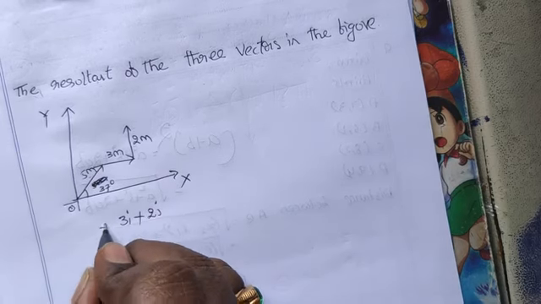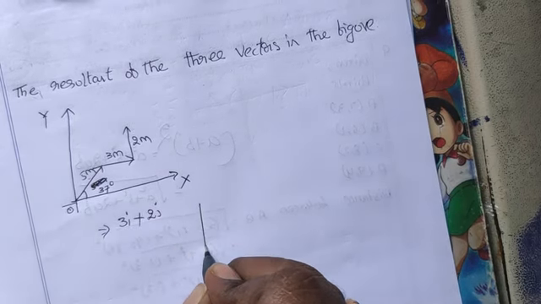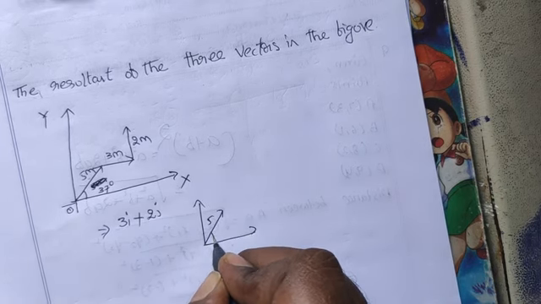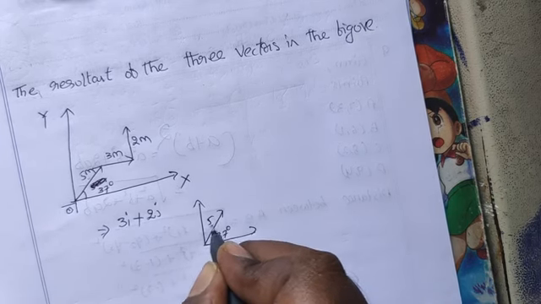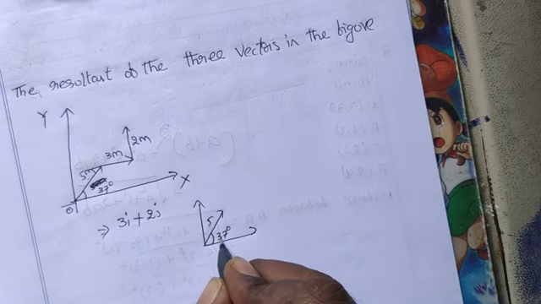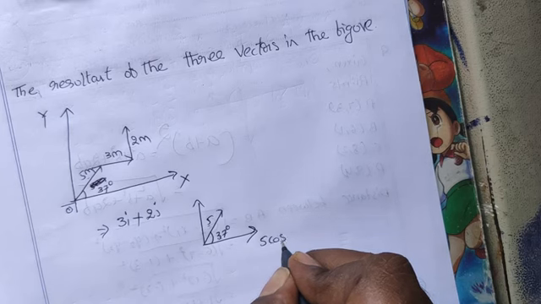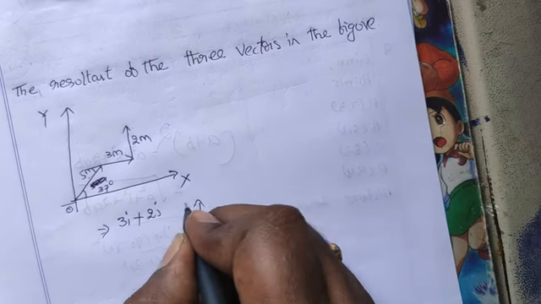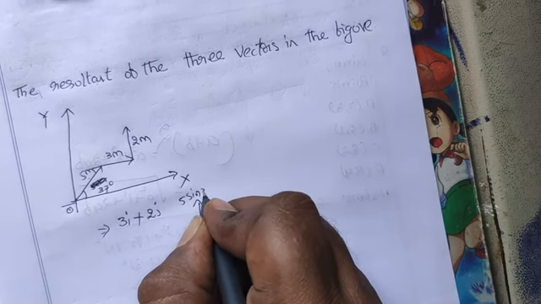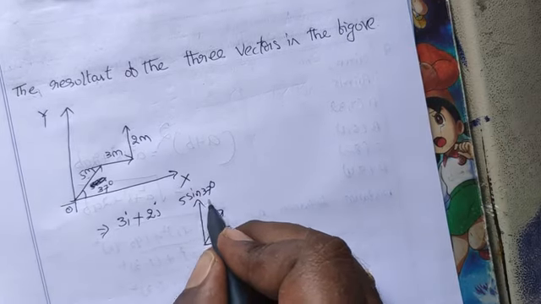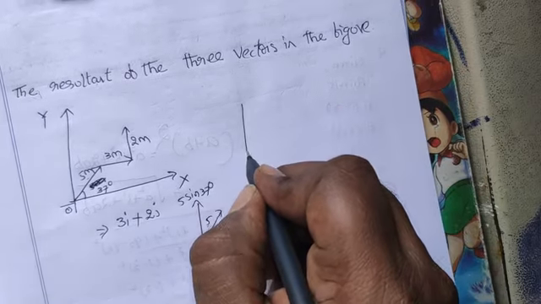But now here it is making an angle, projected with 5, making angle 37 degrees. Whenever the vector is making an angle, it results into two components. One is horizontal, cos 37 degrees, and vertical is sin 37 degrees. Horizontal is 5 cos 37, vertical is 5 sin 37.